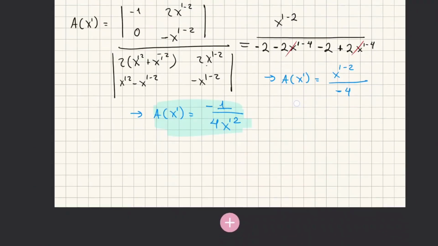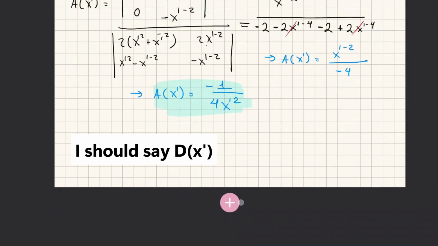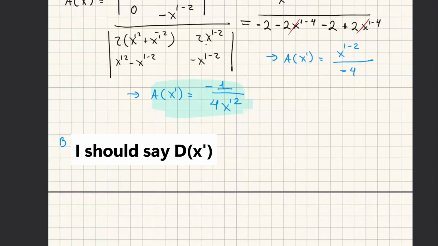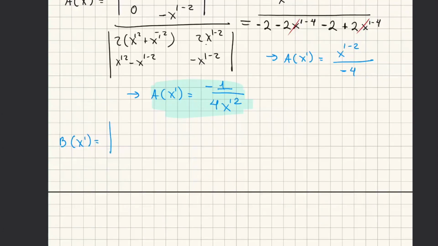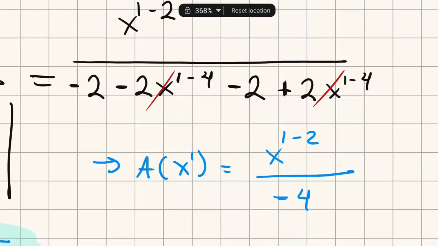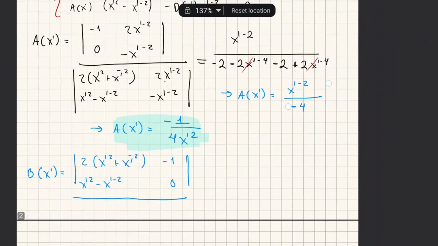So what is going to be b of x prime? Well, we have that b of x prime should be equal to, well, here we have 2x prime squared plus x prime to the negative 2. Here we have x prime squared minus x prime to the negative 2, and then a minus 1, 0 here, and then all divided by the same denominator that we have here, but we see that it is a minus 4, right?